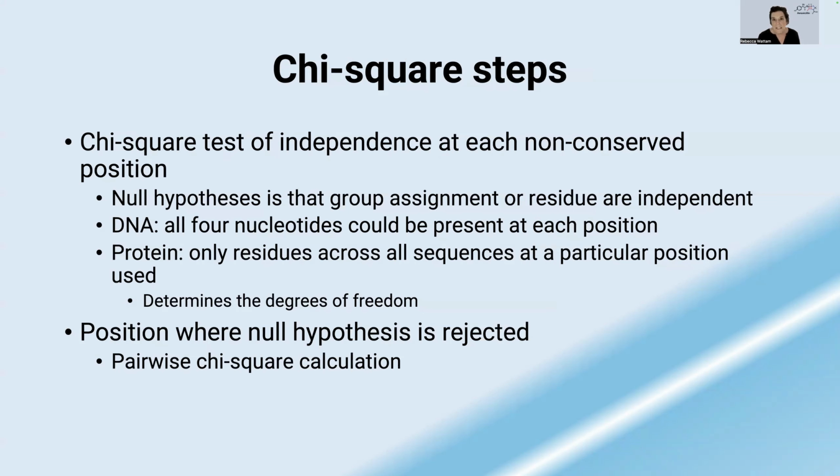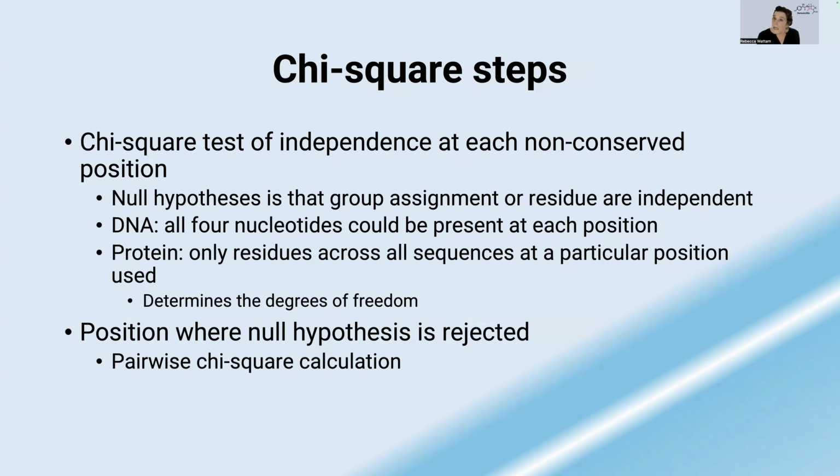If you submitted DNA sequence, it's assuming that at any position, it can be any of those nucleotides. So that would be the 4 of them. For the proteins, it will look at all the amino acids across the group that are at an individual position, and it will use those to determine the degrees of freedom.